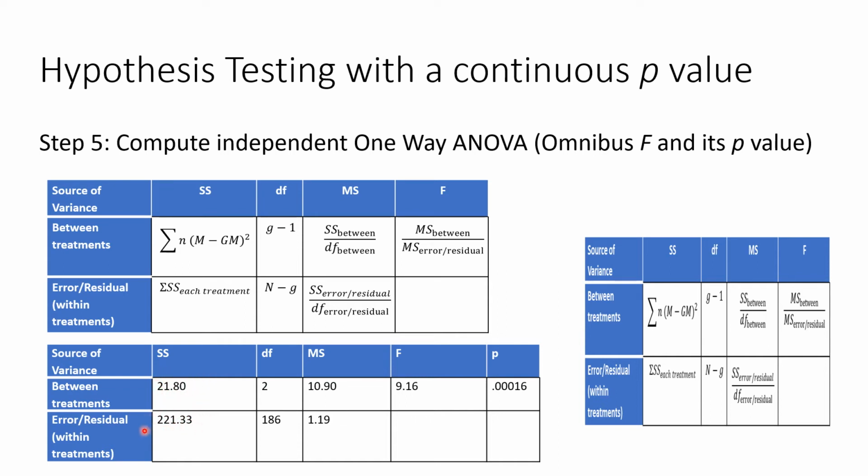And this is the variability created by all the different individual differences and measurement error. And now you have to convert those by averaging them based on the number of things contributing, right? There's only 3 groups versus down here there's a whole bunch of people. So you have to divide those things out and then divide out these mean squares, you get the F, and then here's the p.